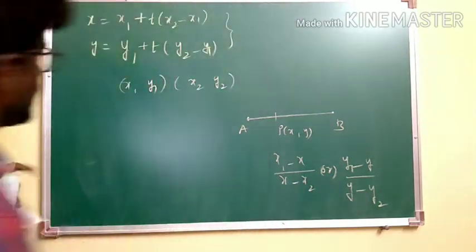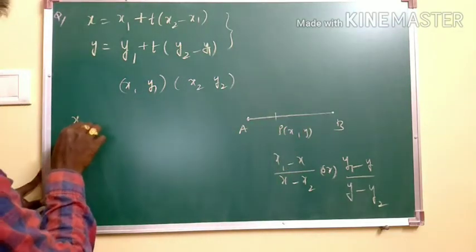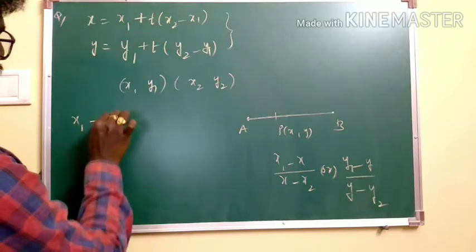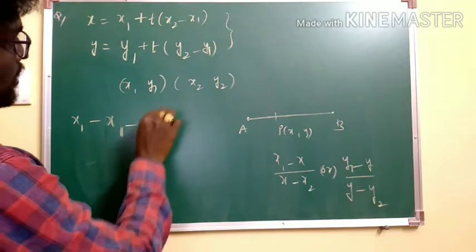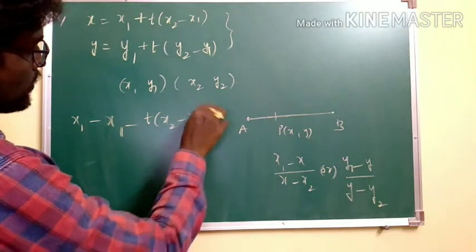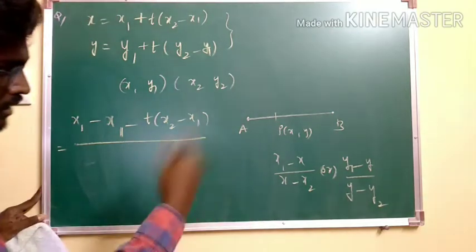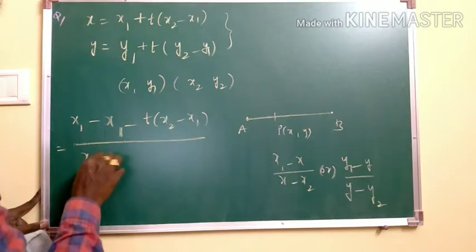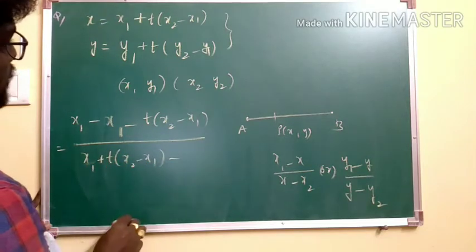Okay, let's apply this. x1 minus x means x1 itself minus x. What is x? Minus x1, plus into minus into plus becomes minus t into (x2 minus x1). Here you should be very careful in calculation of this problem. x minus x2 in the sense x1 plus t into (x2 minus x1) minus x2.